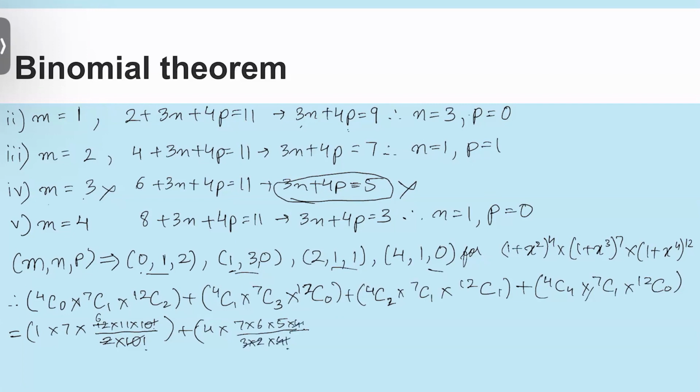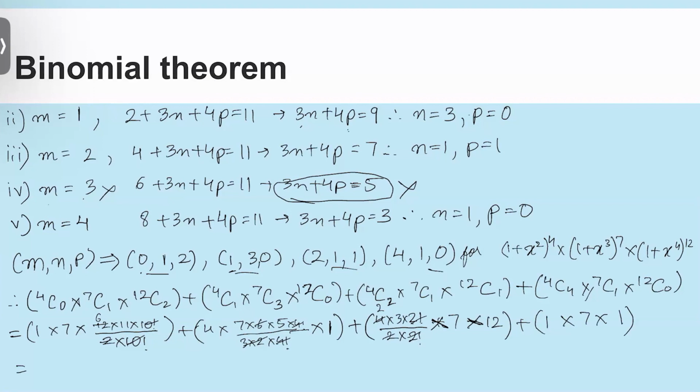So 4 gets cancelled, multiplied by 12C0, that is 1. Then you have plus 4C2, that is 4 into 3 into 2 factorial upon 2 into 2 factorial, so 2 gets cancelled. This would be 6, multiplied by 7 and multiplied by 12. And the last one would be 1 into 7 into 1 again.